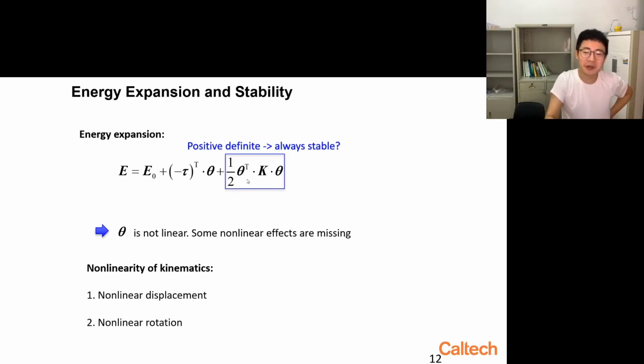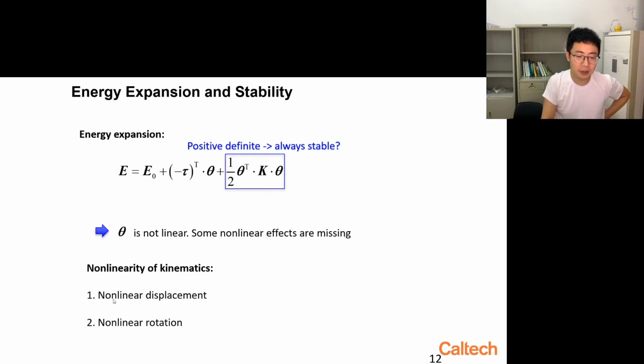I'll just introduce it briefly. From an energy expansion, the second order terms are actually not enough. We're missing a lot of nonlinearity. The previous linearized formulas, the linearized compatibility relationship, missed a lot.